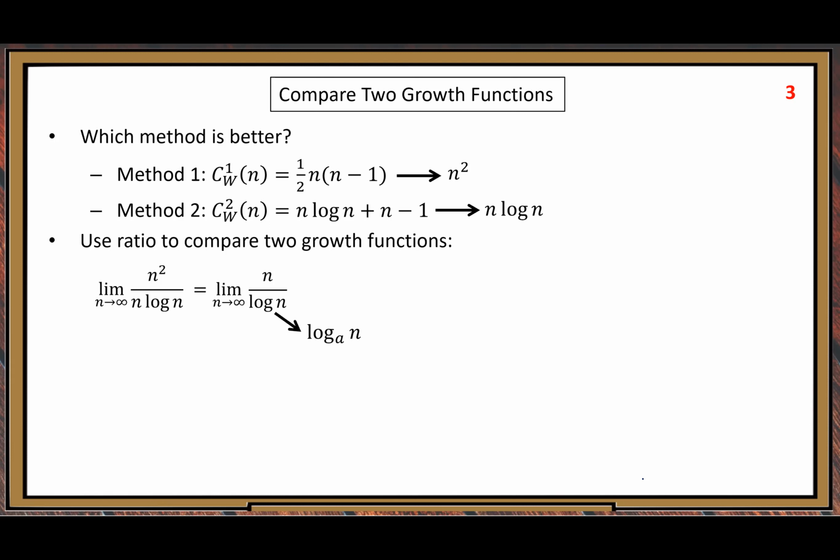Here we can assume any base a that is greater than 1, and we should get the same answer. And the answer is infinity. n over log n is infinity.